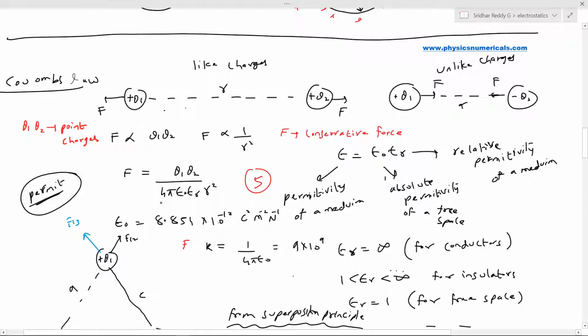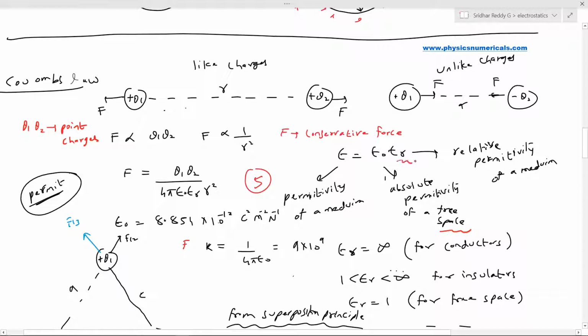The effect of the medium is expressed by this quantity, 4 pi epsilon naught epsilon r. Epsilon is called the permittivity of a medium. And what is epsilon naught? The absolute permittivity of free space.